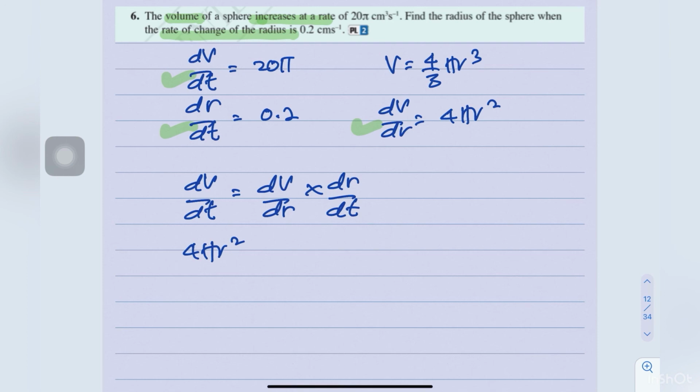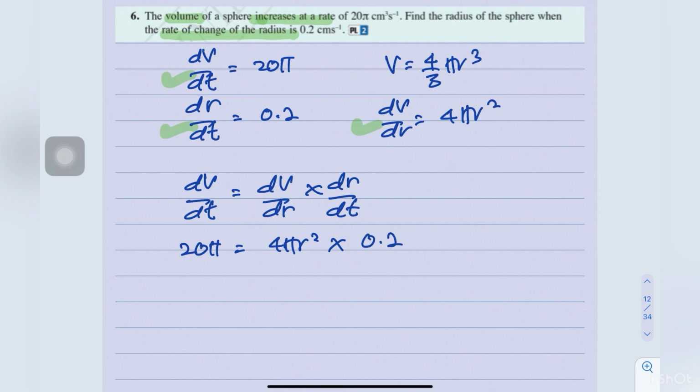dV/dt is 20 pi. dV/dr is 4 pi r squared. dr/dt is 0.2.